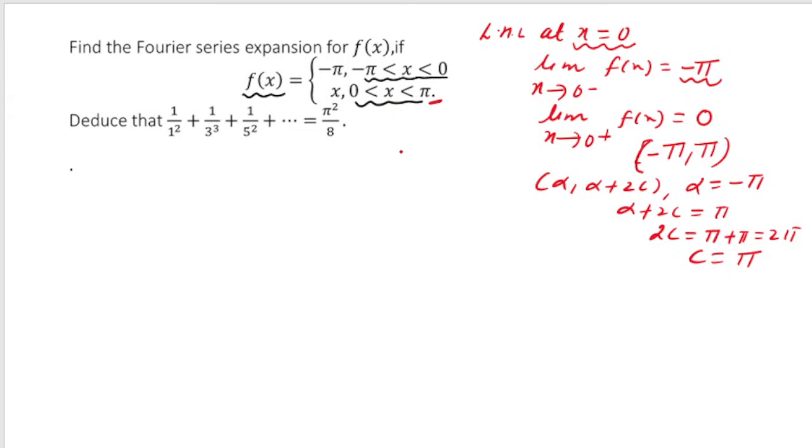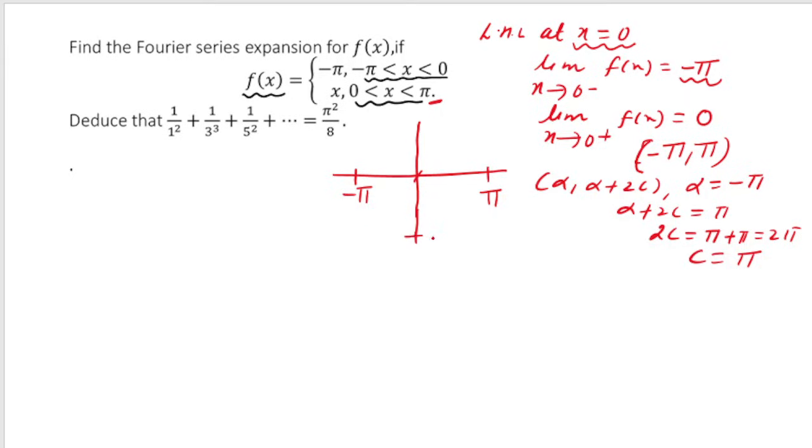If you want to draw the graph of this function, can we quickly draw it as well? Suppose we have this point that is minus pi, this point that is 0, and this point that is pi. What is the function value from minus pi to 0?